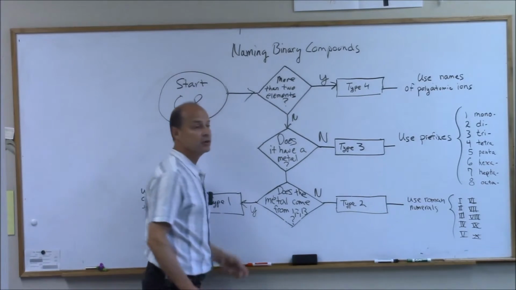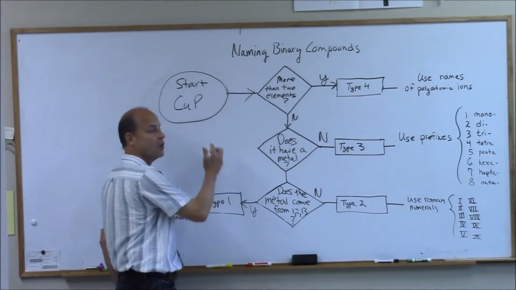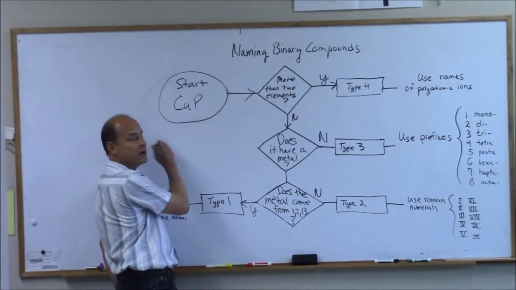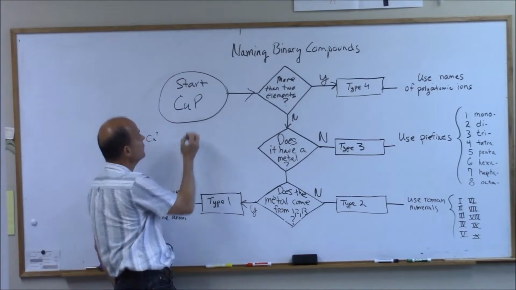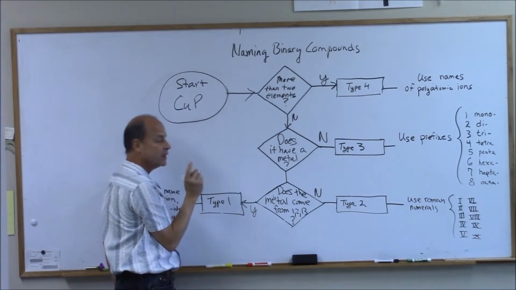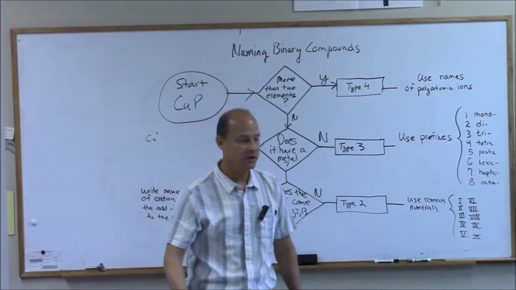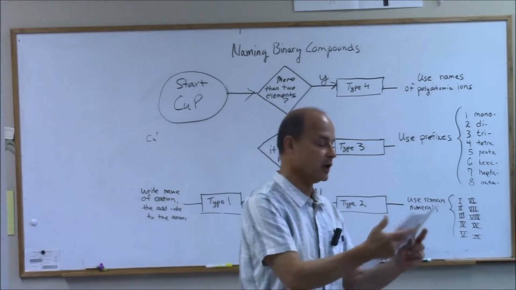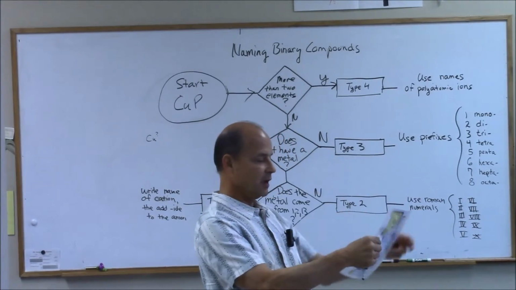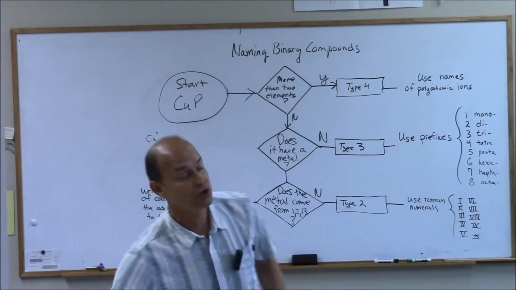We have to do a little figuring here. You go off into the corner of your paper and you say, okay, copper, we don't know what its oxidation number is. Phosphorus, we do know the oxidation number, because it's a non-metal, we look it up on the chart, and phosphorus P is a -3.